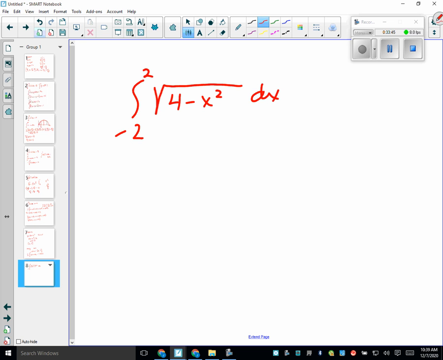Your graph isn't square. If it goes from -2 to 2 and you're dealing with 4, guess what? It's going to be a circle. So what? I don't know, Griff. I don't know.